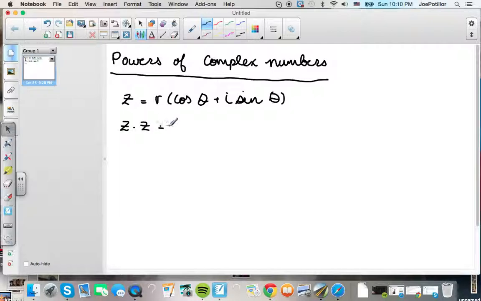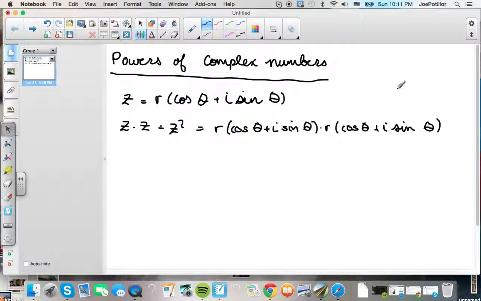So z times z is of course z squared, which using our formula is r cosine theta plus i sine of theta, and then times r cosine of theta plus i sine of theta. And from here we have two r's, right?